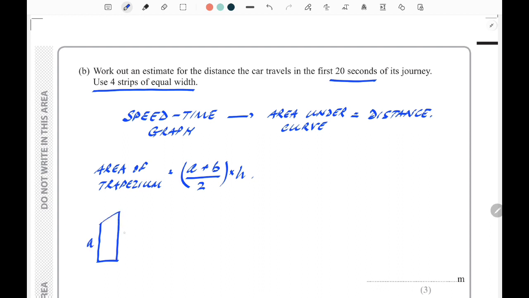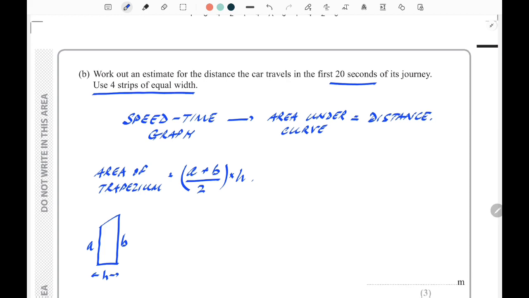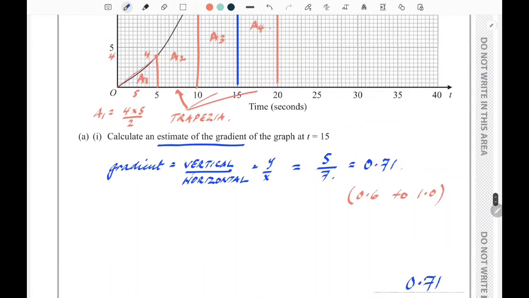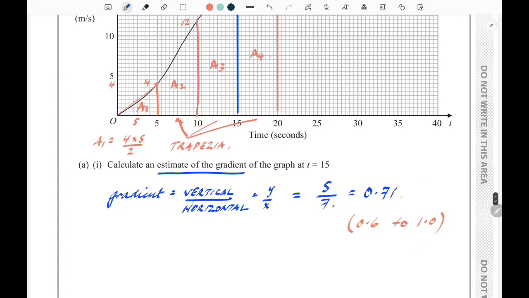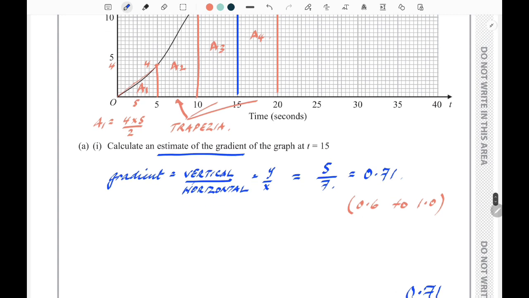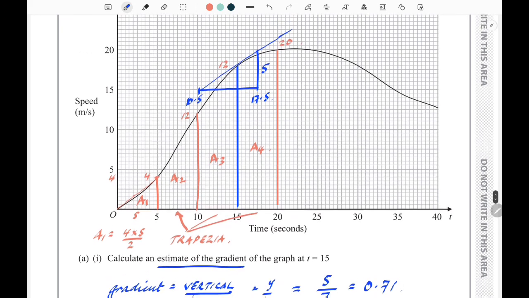So I'm going to use A, B, and the width is the height, like that, okay? So using the numbers that I had above here, I know I've got the same height in each of them. So it's 5, 5, 5, etc., because it's equal width, all right? So all I need is the heights. And I've got 4, 12, and, oh, my apologies. I should have corrected this.